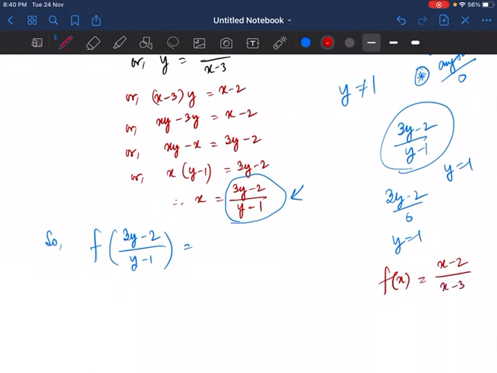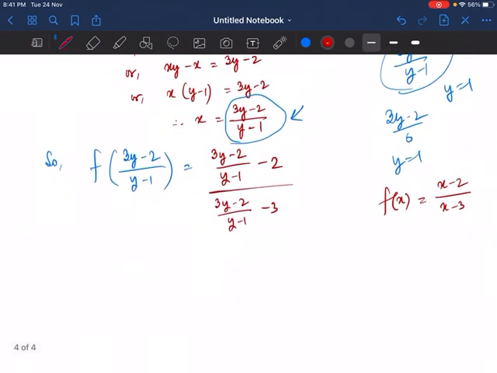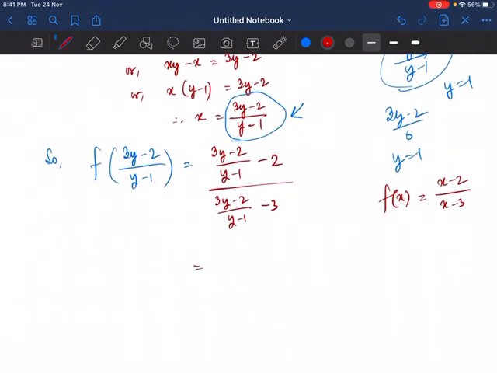So in place of x, I will put (3y minus 2) divided by (y minus 1). So we are putting [(3y minus 2) divided by (y minus 1) minus 2] divided by [(3y minus 2) divided by (y minus 1) minus 3]. So let's see whether we are getting y or not.